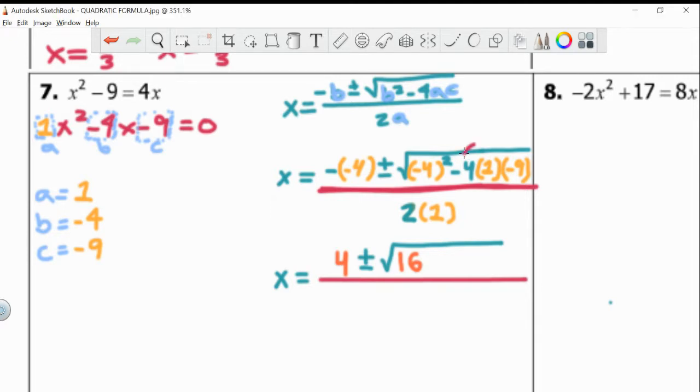And then this part is always the hardest part for students, okay? Because you've got 3 numbers multiplied together, and in particular, getting the sign of these 3 numbers multiplied together always troubles students. We need to have -4 times 1 times -9. Now, the good thing for us is that multiplying by 1 is really easy, right?